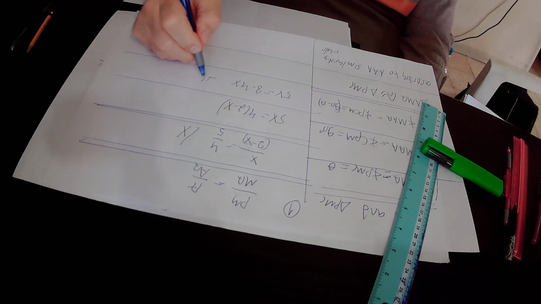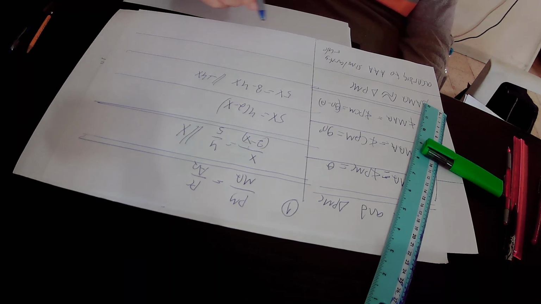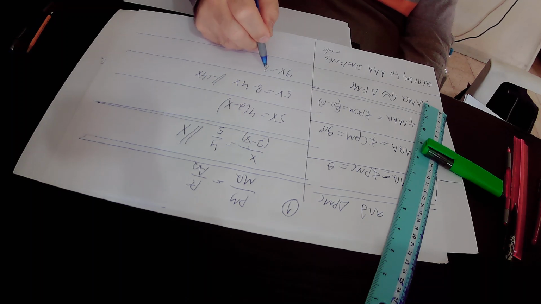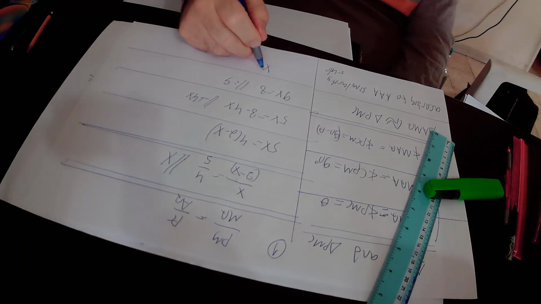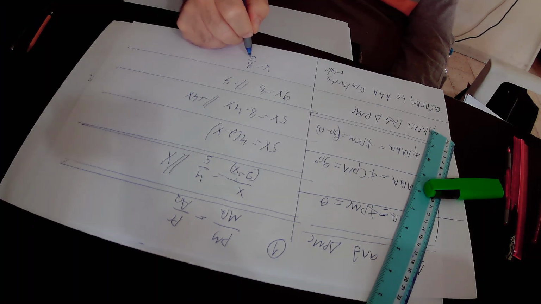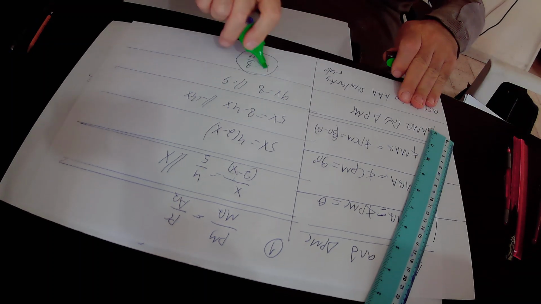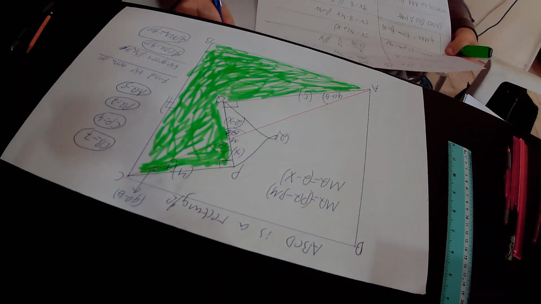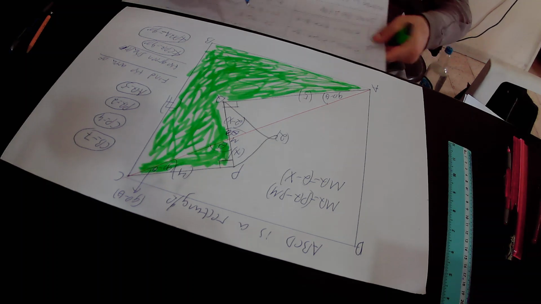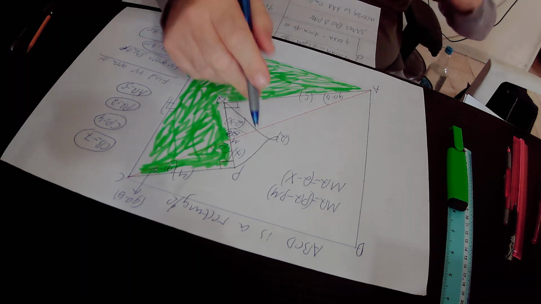Here we add 4x to the equation, and we get that 5x plus 4x is 9x, so 9x equals 8. Here we divide this equation by 9, and finally we get that x equals 8 over 9, or x equals 8 ninths. So we found out that the length of the line segment PM, which is x, equals 8 ninths.